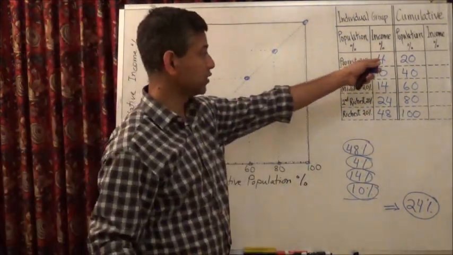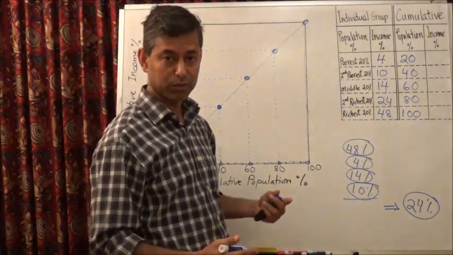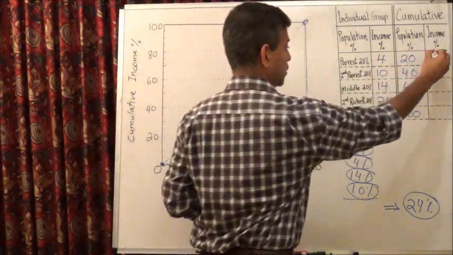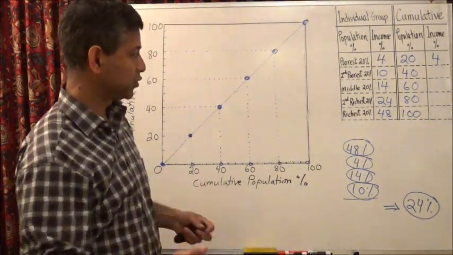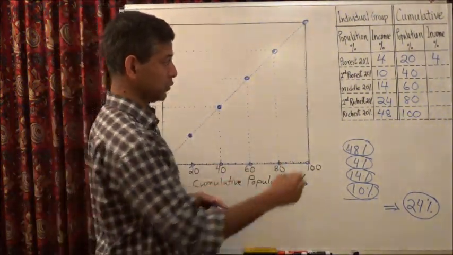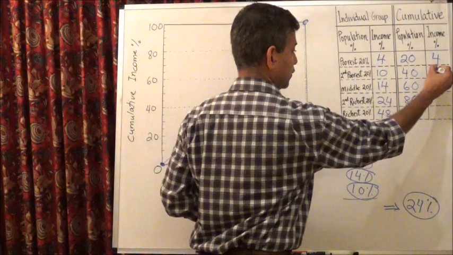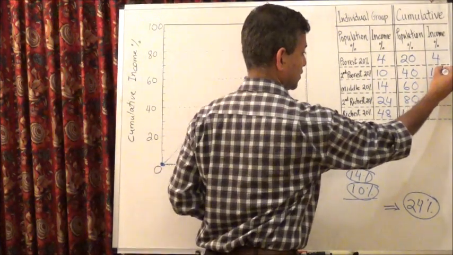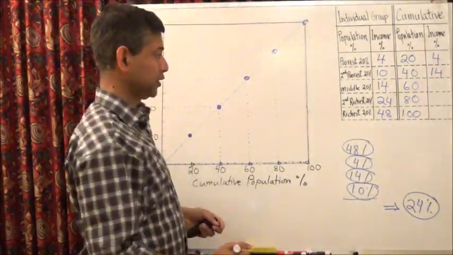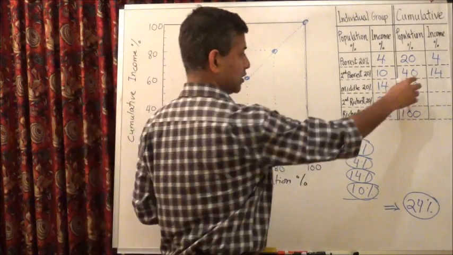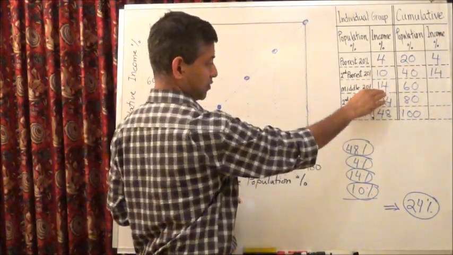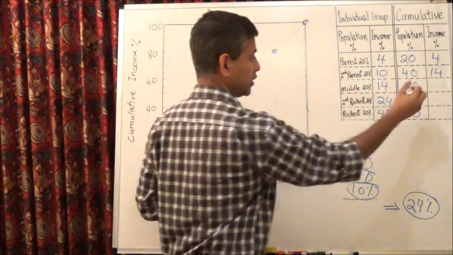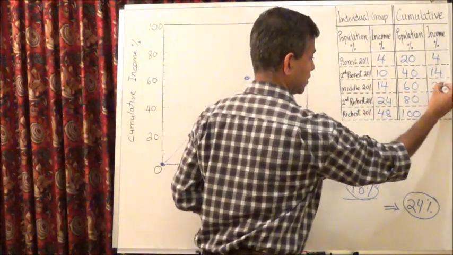Income-wise, when we have seen only the first group, cumulatively we will have seen only 4% of the income. When we add the second group, we have 4 plus 10, 14% of the nation's income. When we add the middle 20%, we add the 14% cumulative from before plus the 14% accruing to the middle group, giving us 28%.